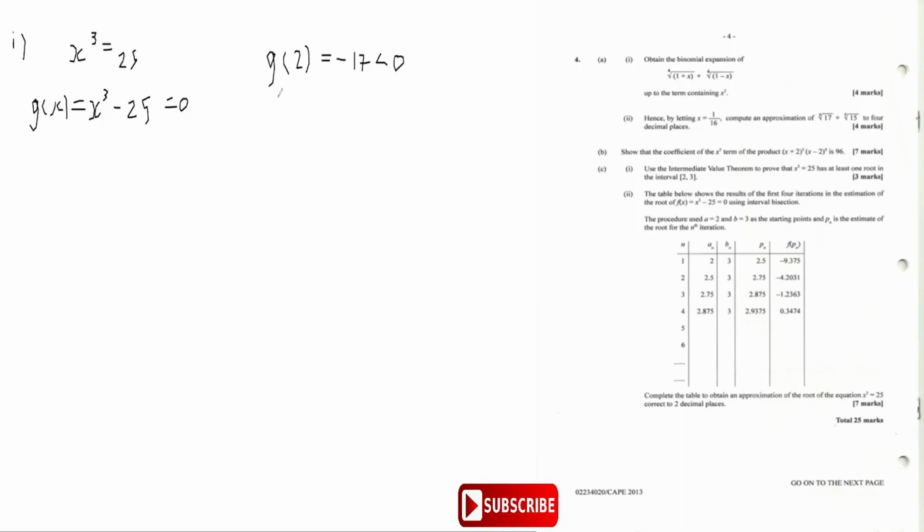And then g of 3 is going to be equal to 3 cubed, which is 27. 27 minus 25 is 2, which is greater than 0. Aha, so good. So now we can tell him, say yes. By IVT, we're good.